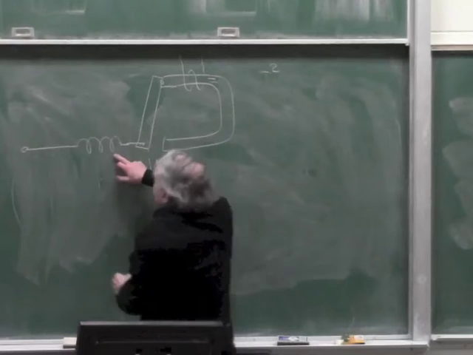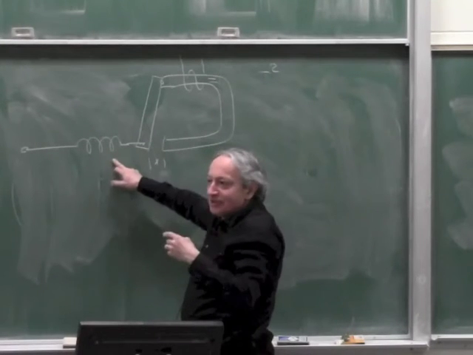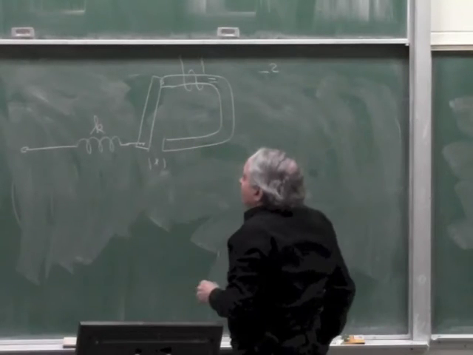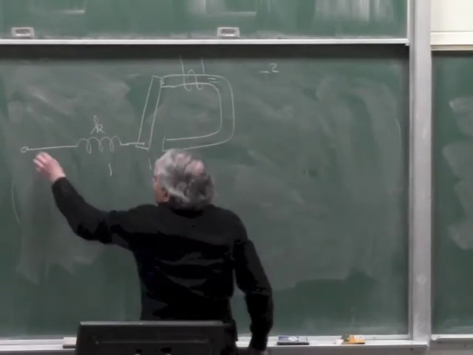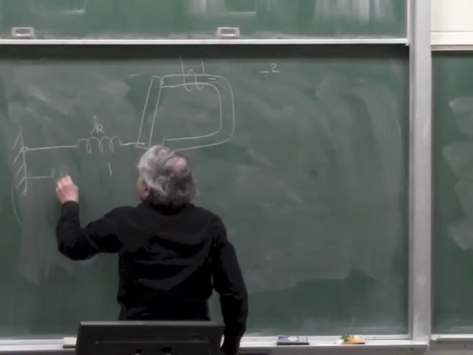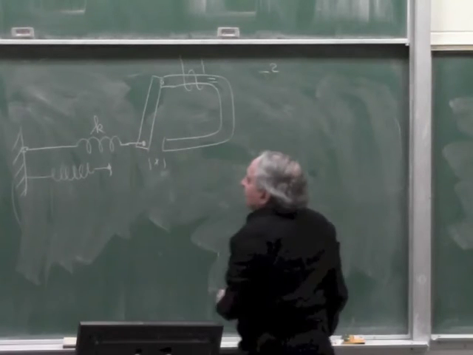This is not a coil, this is an actual spring. I'm drawing it this way because it's confusing, it looks like a coil, but that's an actual spring with a spring constant k. Okay, so let's say the unstretched spring reaches to here, and we stretch it to here.